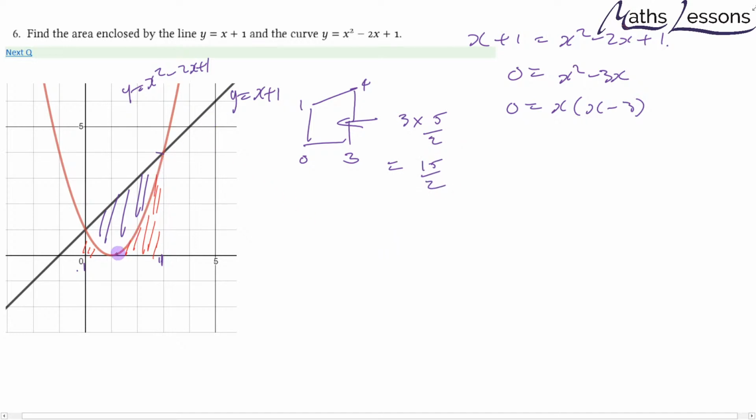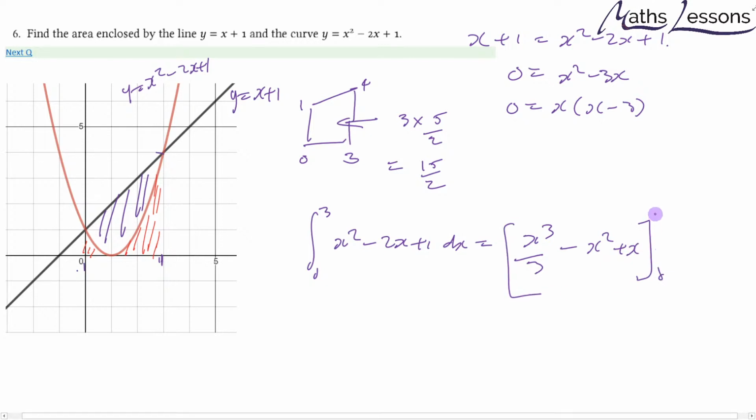Now we can find the area under the red curve by integrating between 0 and 3, x squared minus 2x plus 1 dx. So let's do that. We get x cubed over 3 minus x squared plus x between 0 and 3.